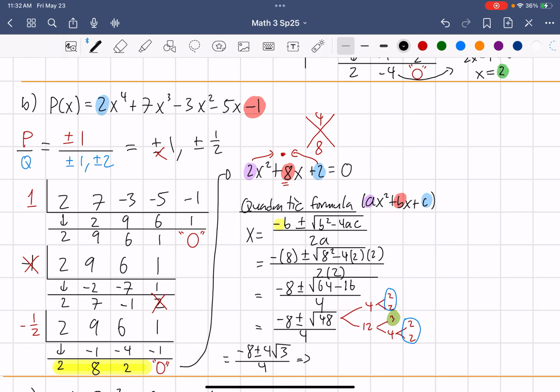Now, if you notice the numerator, they have a GCF of 4, which will leave us with -2 plus or minus the square root of 3 all over 4. And we're doing this because we notice that you can simplify them. And that's going to give us -2 plus or minus the square root of 3.